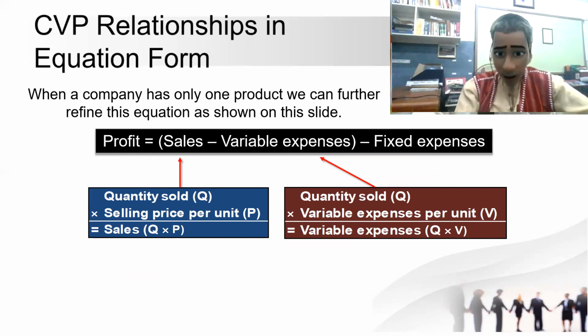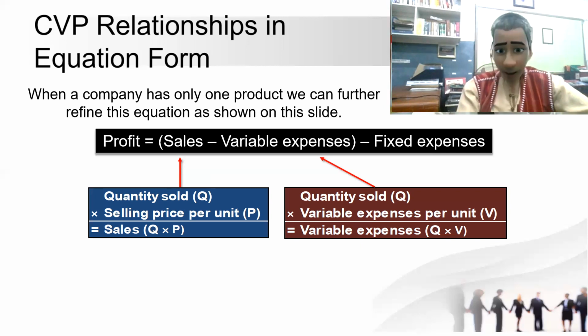Sales is quantity sold times selling price per unit, so that is Q times P. And variable expenses is quantity sold times variable expenses per unit, V, so Q times V. So our sales minus variable expenses is just equal to QP minus QV.